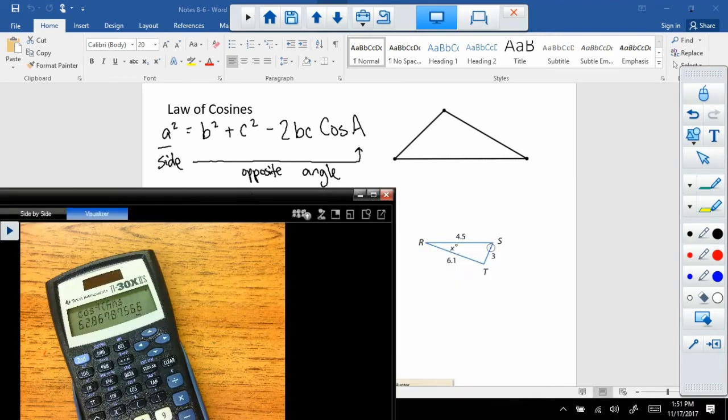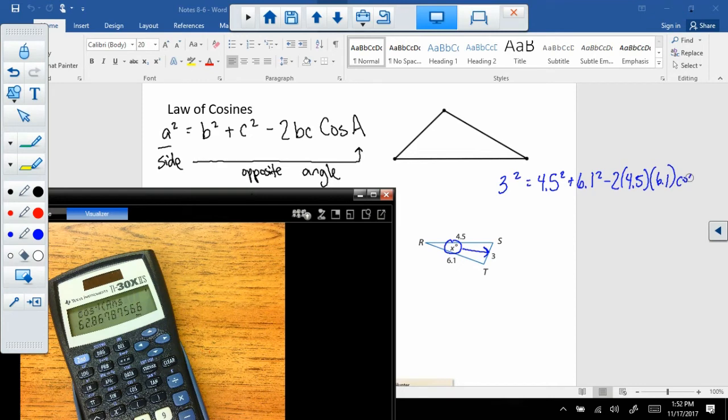For this next example, here's the angle and here's the side opposite from it. So when I write out my equation, you just need to make sure that you have that side and that angle at opposite ends. The other stuff doesn't really matter, the order that you write it. So it's one side squared plus the other side squared minus 2 times each of those multiplied together, and then times the cosine of the angle.